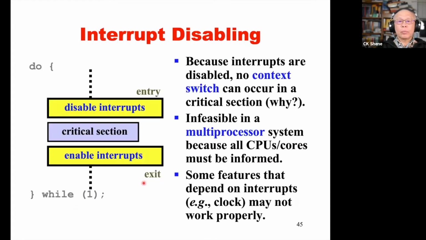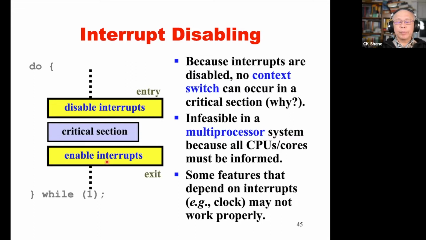The way of using interrupt disabling and enabling is very simple. We have a critical section. The entry section is usually a machine instruction that is able to disable interrupts. Upon exit, we use probably a different instruction to re-enable interrupts.